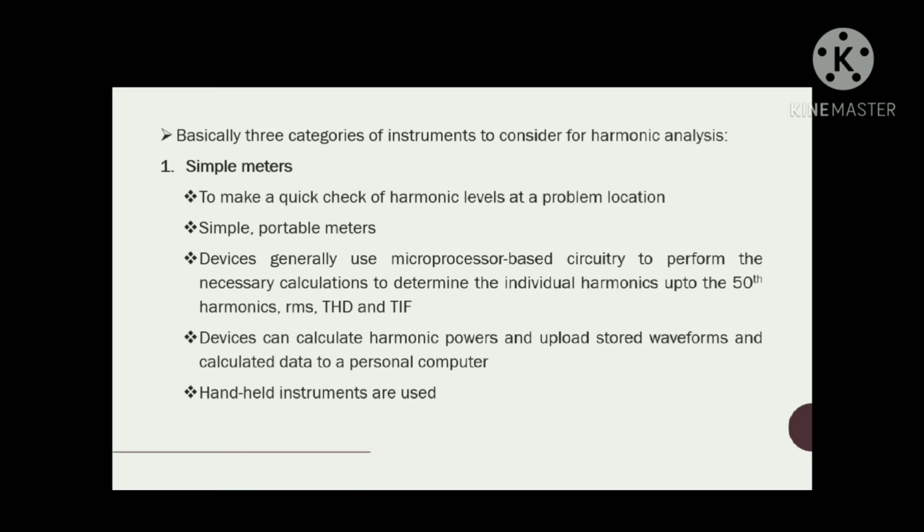There are now several handheld instruments of this type on the market. Each instrument has advantages and disadvantages in its operation and design. These devices generally use microprocessor-based circuitry to perform the necessary calculations to determine the individual harmonics up to 50th harmonic, as well as the RMS, the THD, and the telephone influence factor, TIF.